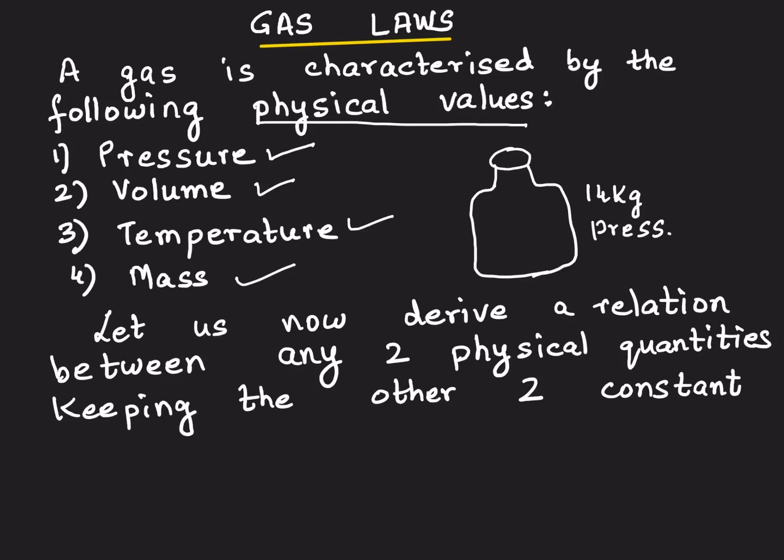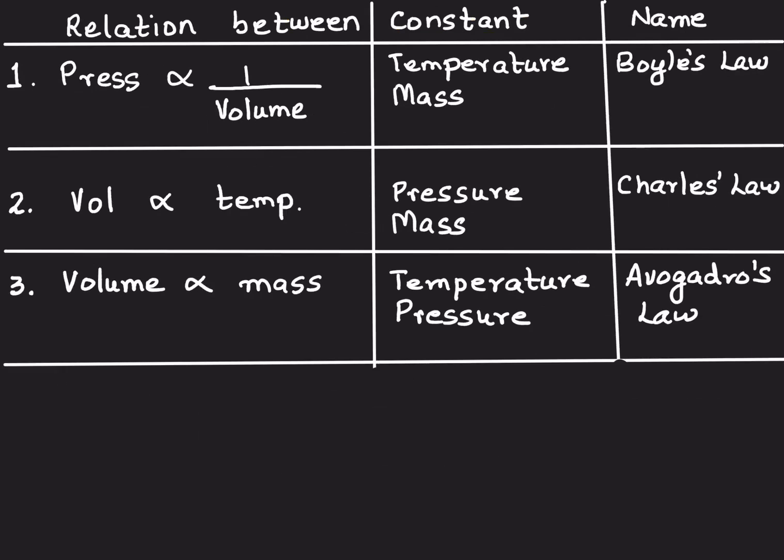So what we are going to do is take two physical quantities at one time and take the other two as constant. So we are going to derive a relation between pressure and volume, volume and temperature, volume and mass.